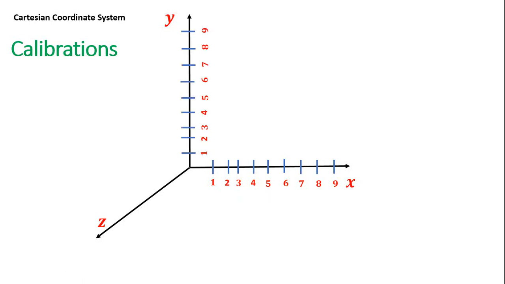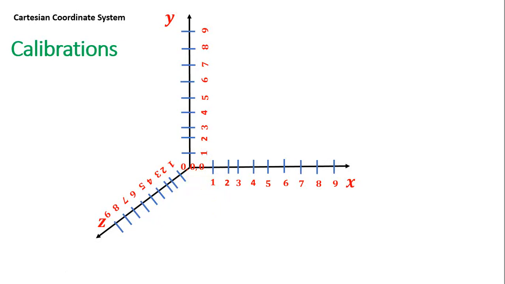A similar marking can be put on the y-axis and z-axis as well, and the origin, or the point where all the 3 axes meet, is labeled as the 0 point. So this Cartesian or rectangular coordinate system is now ready to make any measurement with respect to it.